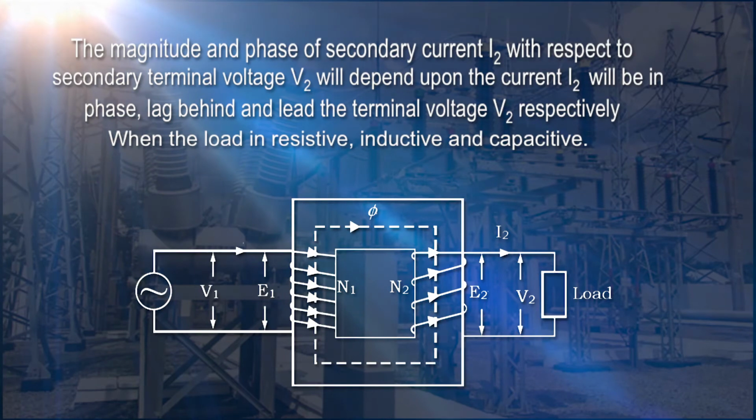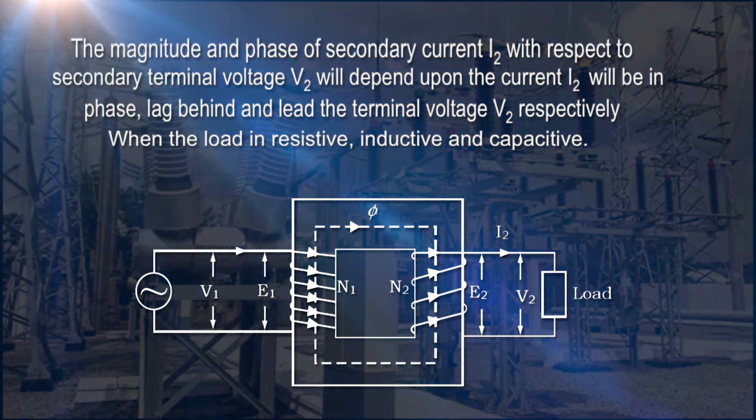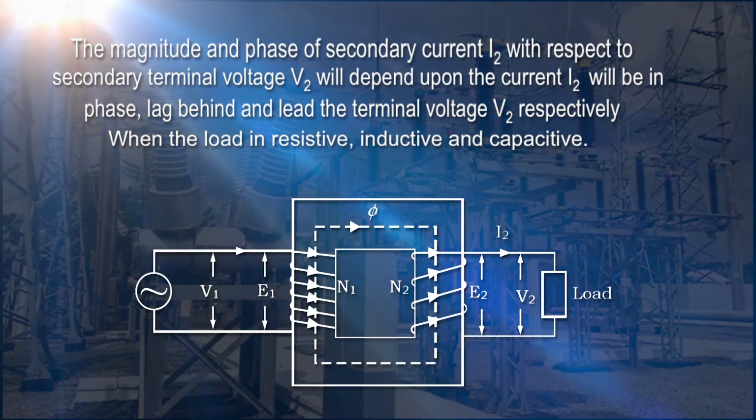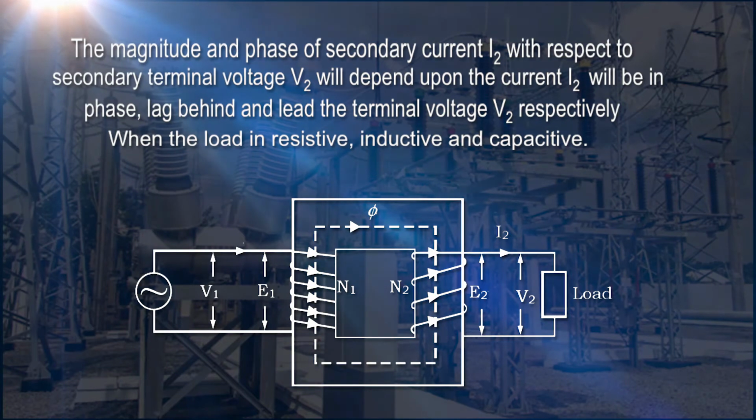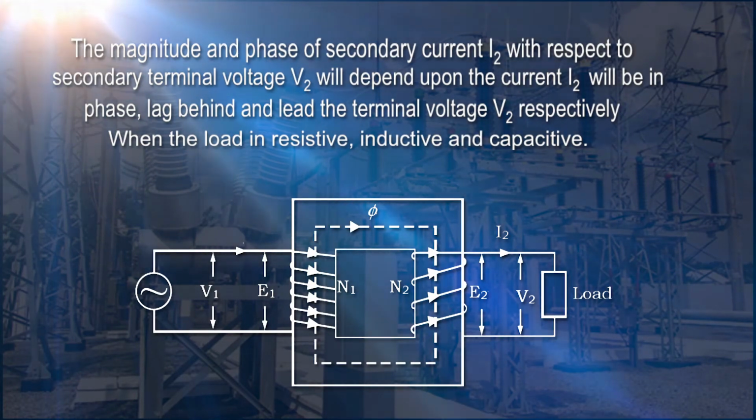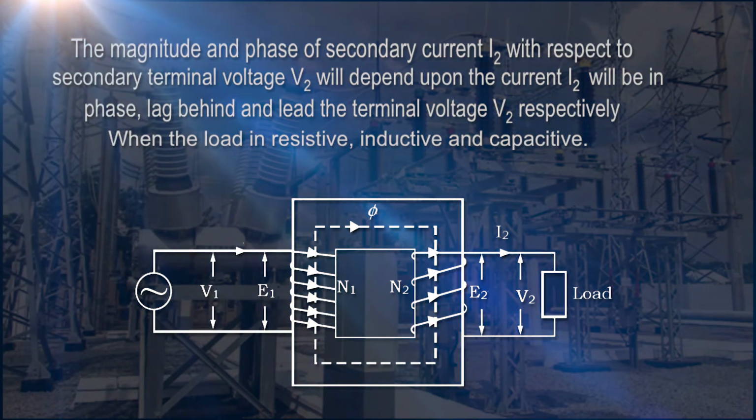So if the load is resistive, the secondary current I2 will be in phase with the voltage V2. If the load is inductive, the current I2 will lag the voltage V2. If the load is capacitive, the current I2 will lead the voltage V2.